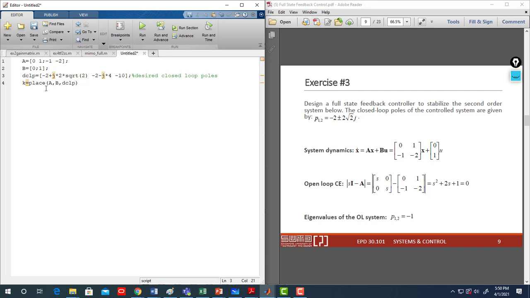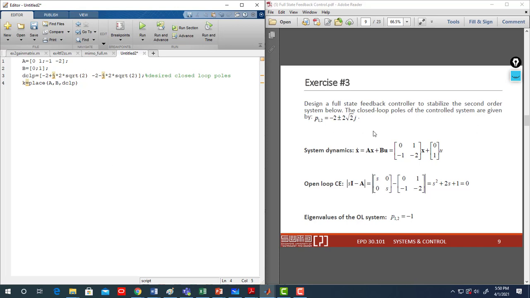Alright, and minus 2 plus and minus 2 minus. Okay, all you need to do is use the function place, it will do the calculation for you.